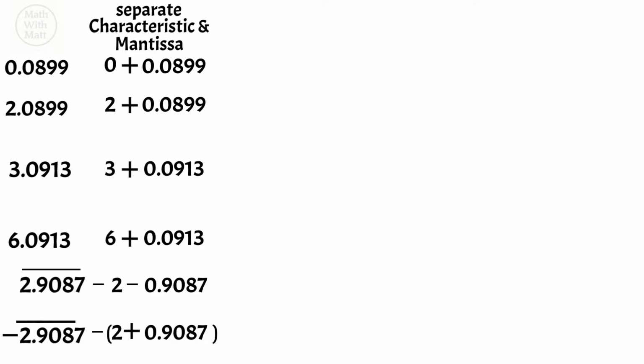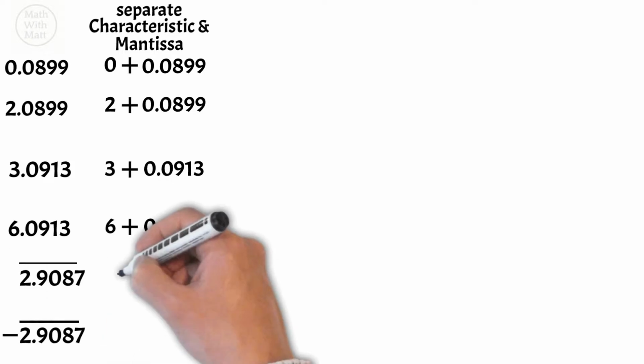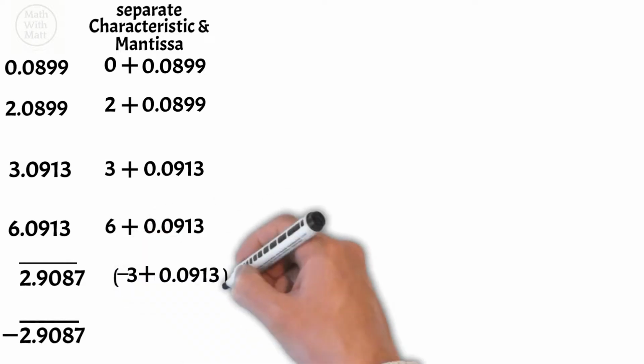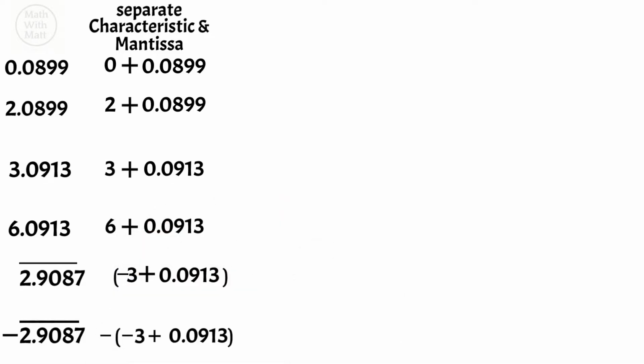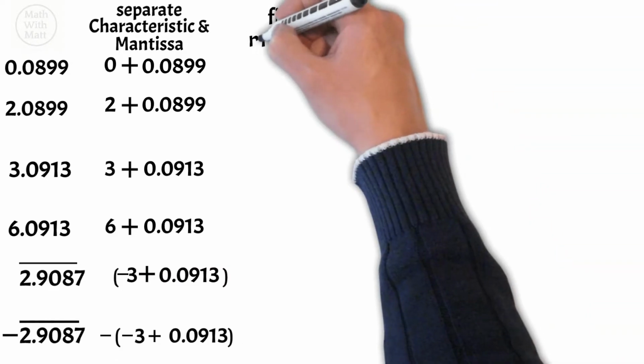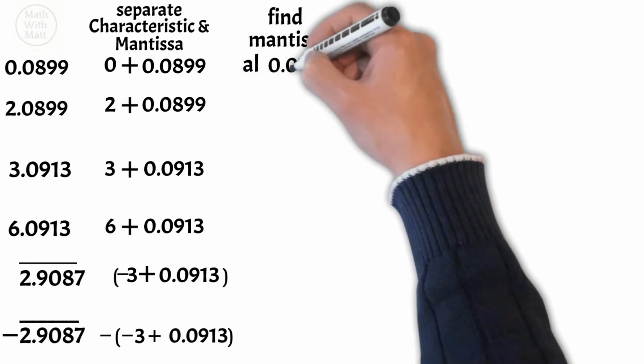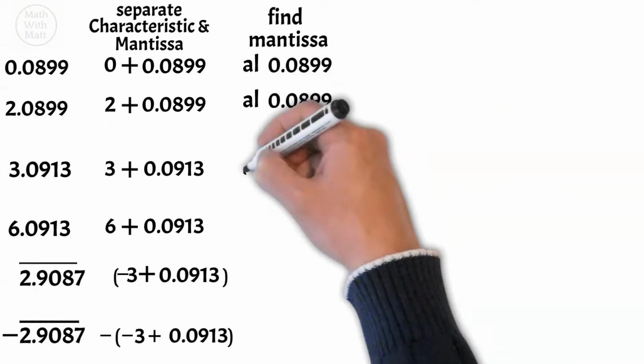We do it accordingly to every value, except for these last two values, which have a bar over them, and that requires a different way of splitting. Now that splitting is taken care of, we now find the value of mantissa on the antilog table.